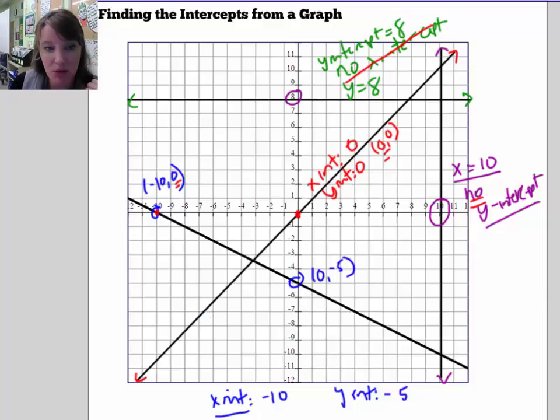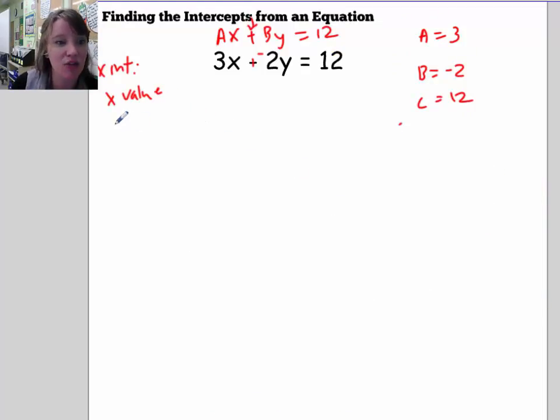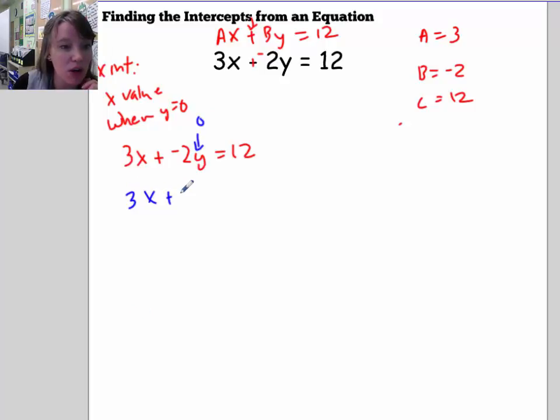So really what you're looking for in terms of an equation is the x value when y is equal to 0. Okay, so to find the x-intercept, what you're going to do is take this equation, 3x plus -2y equals 12, and you're going to set y equal to 0.